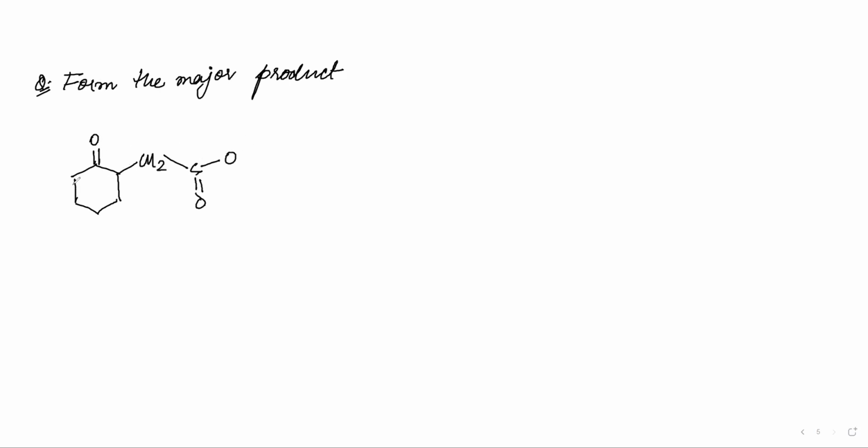This is a cyclohexane, and we have a ketonic group here, C double bond O, and this is OCH3. You have treated this with sodium borohydride, NaBH4. Okay, do this, and the second one is a simple compound.